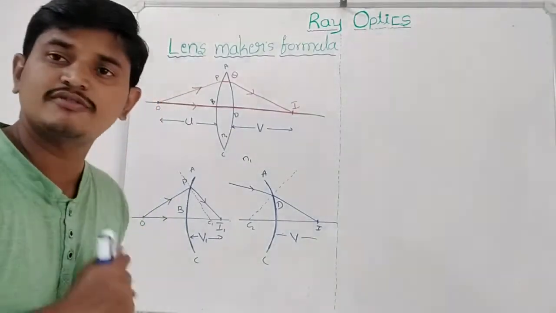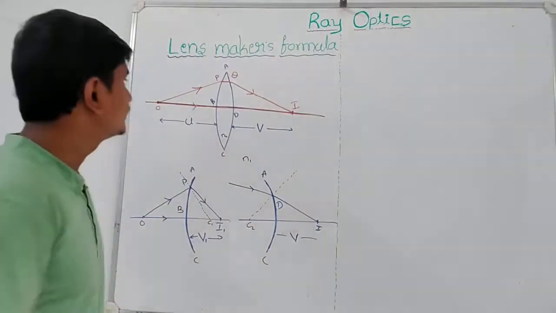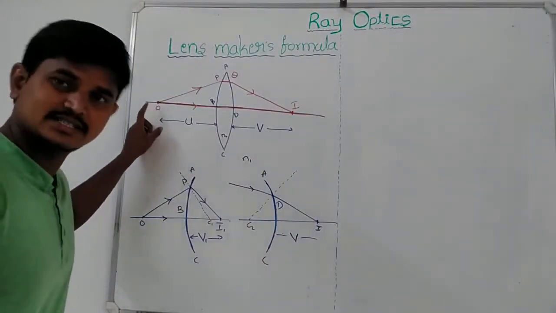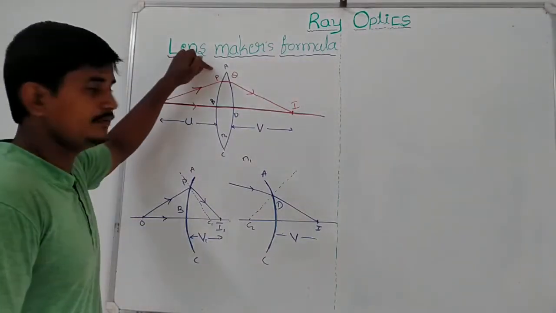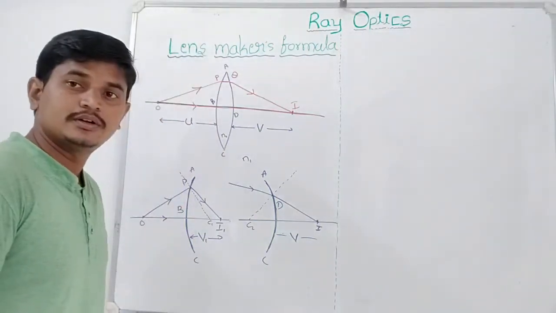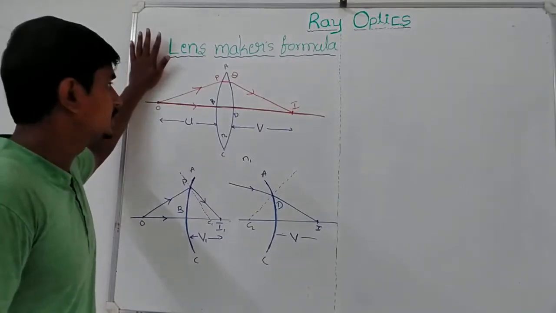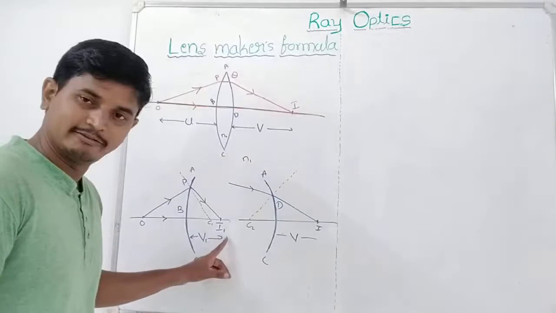These are for refraction at the first surface ABC. Here the object O is on the principal axis, and from O the ray OP is incident on the surface ABC of refractive index N1, and after refraction it forms an image I1 here.